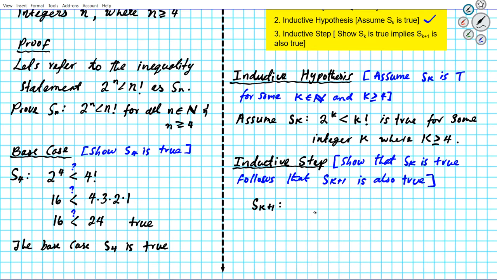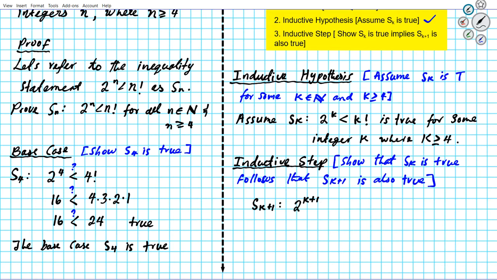What is S sub k plus 1? We just substitute k plus 1 for the n's, so we have 2 to the k plus 1. Can we show that this 2 to the k plus 1 is less than k plus 1 factorial? That's the goal.